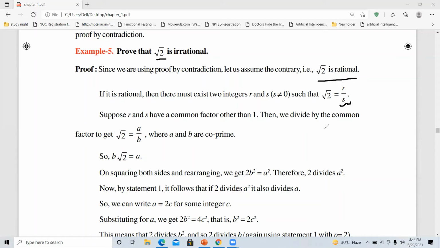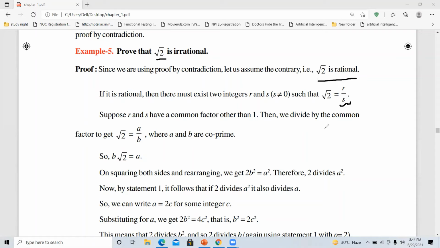Then we have to divide that particular common factor in order to make them coprime. I want to explain what coprime is now. Coprime means nothing but two numbers which do not have a common factor are called coprime.